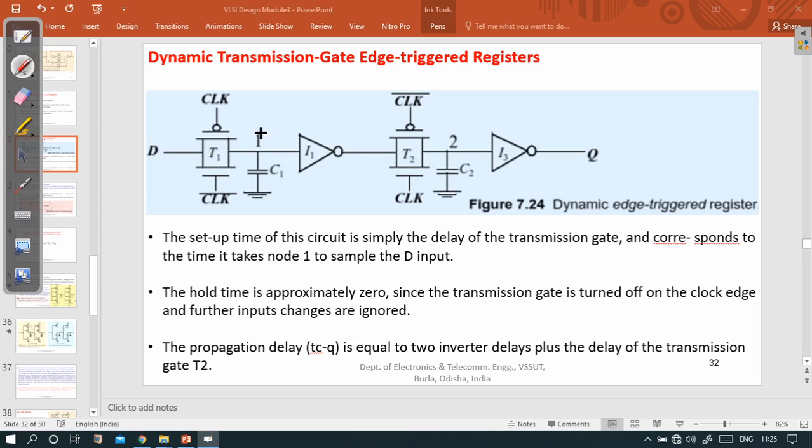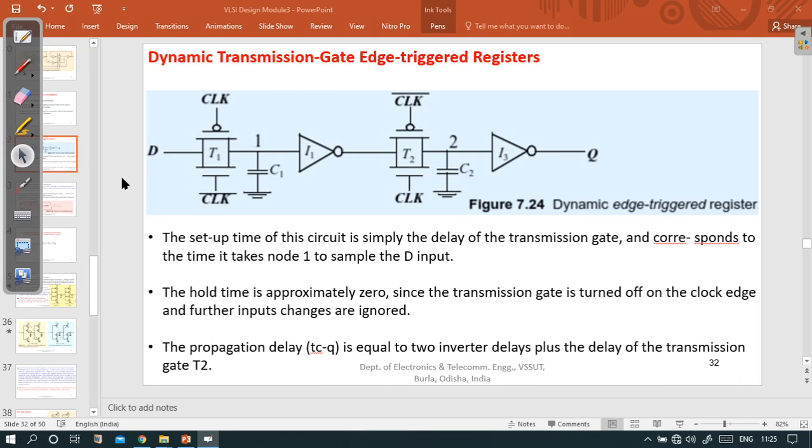Node 1 voltage will be decided by the charge content of this parasitic capacitor C1, and similarly node 2 logic level will be decided by the charge content of this parasitic capacitor C2. This is the way in which these dynamic circuits work, and we had seen this in the previous class.